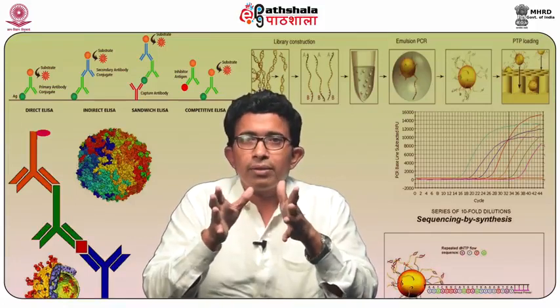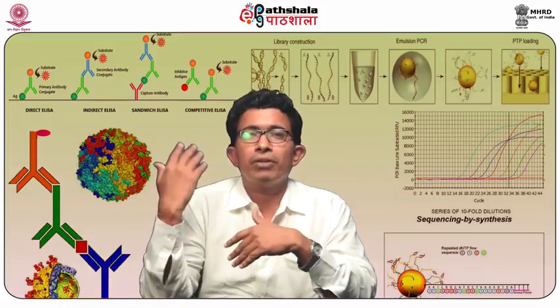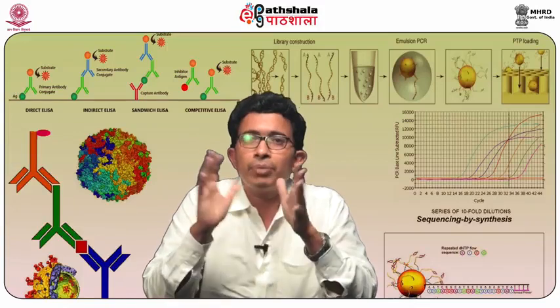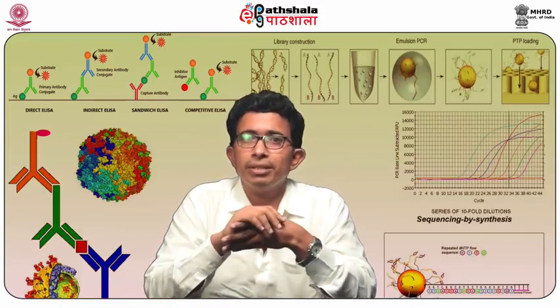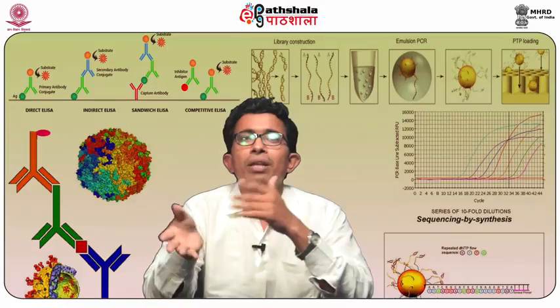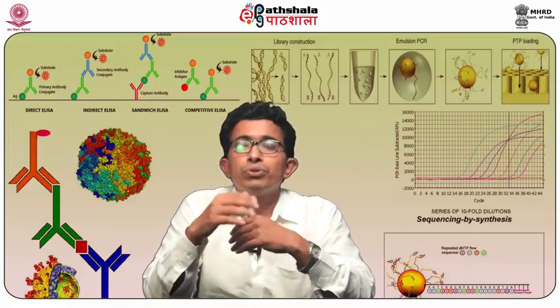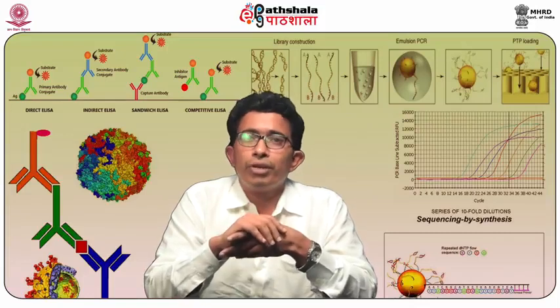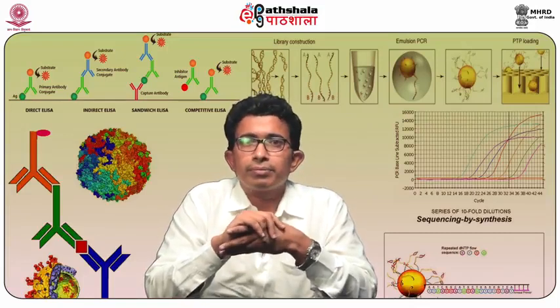Now, the technique is very costly, but if the cost decreases over time, the applicability and acceptability of this technique will increase, and definitely when the technique is used in field conditions, it will directly increase the profitability of the farmer.